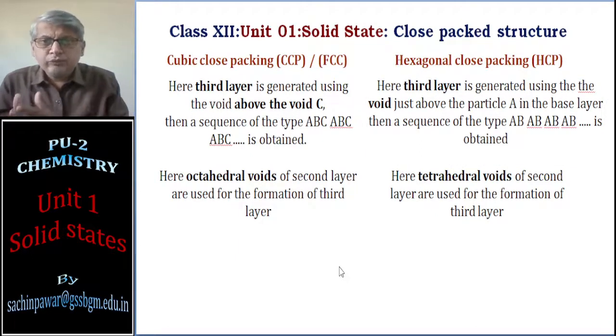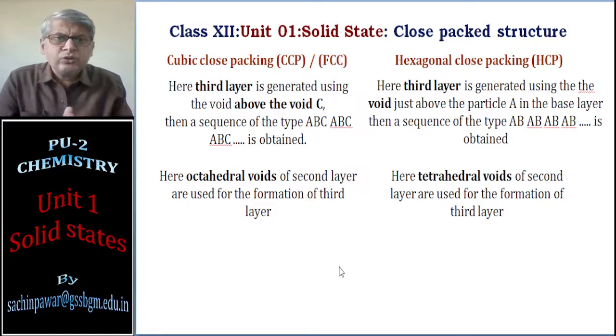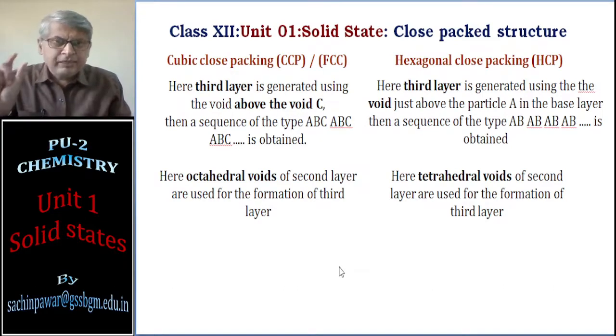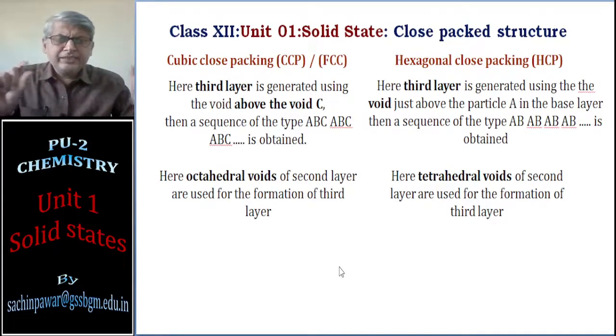So we have cubic close packing and hexagonal close packing, and this completes the explanation regarding the formation of an entire crystal. We start with one sphere. Those spheres are arranged in 1D, that is, we form an edge of the crystal. That edge is continued in one plane.